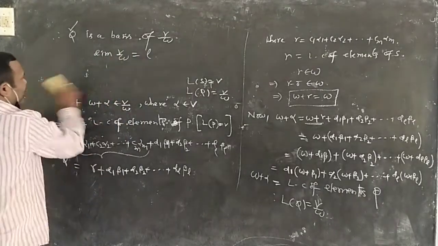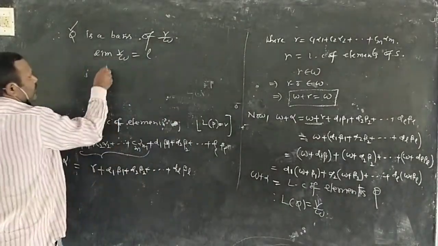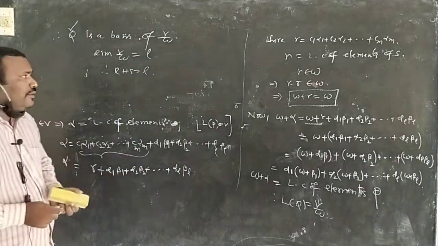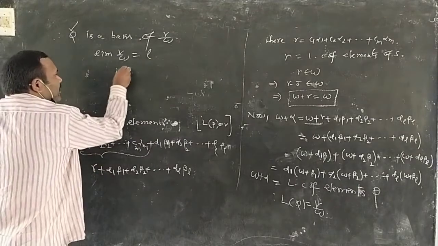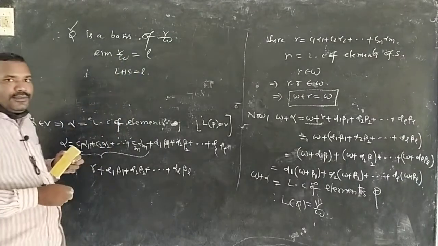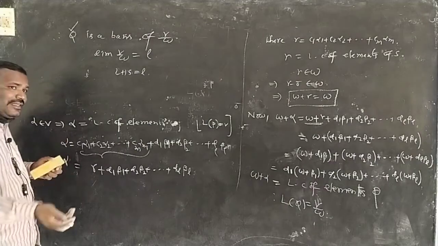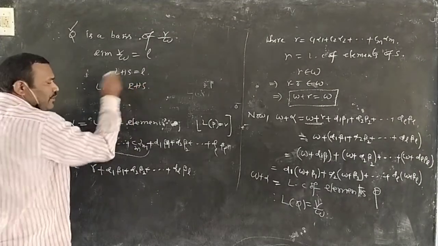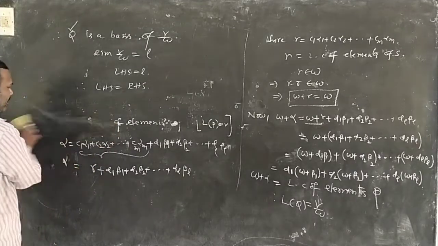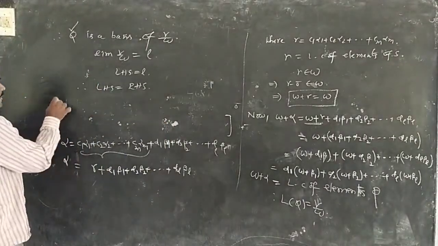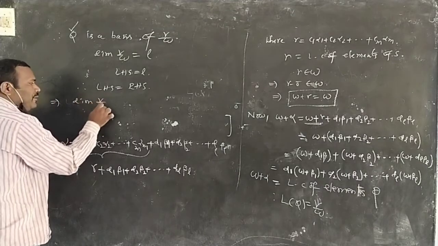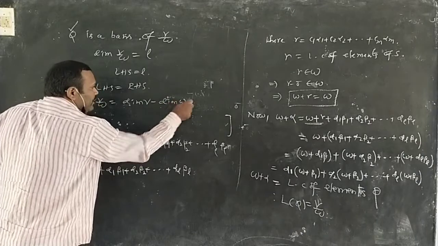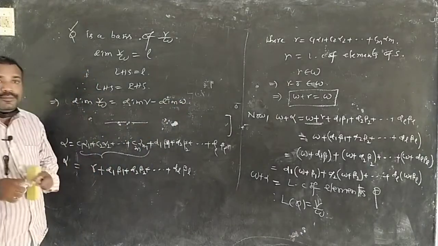Therefore, RHS equal to L. We have already proved LHS equal to L in part 1. That means LHS equal to RHS. What is LHS? Dimension of V by W equal to dimension of V minus dimension of W. So this is the end of the theorem.